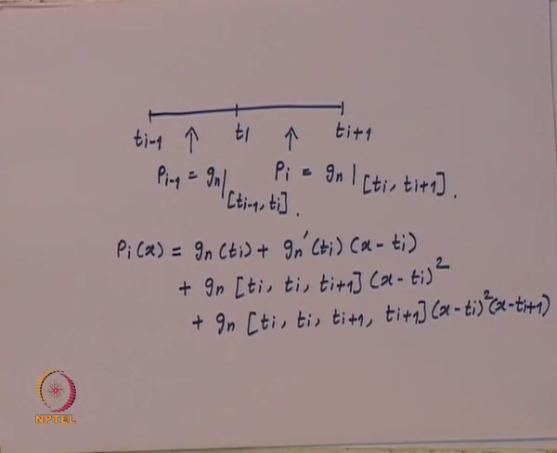So, how is it different from the cubic Hermite interpolation? In case of cubic Hermite interpolation, we wrote exactly the same formula, but g_n'(t_i) was given to us. g_n'(t_i) was equal to f'(t_i). Now, in our case, g_n(t_i) is going to be equal to f(t_i), that is given to us, but at present g_n'(t_i) are going to be unknown.